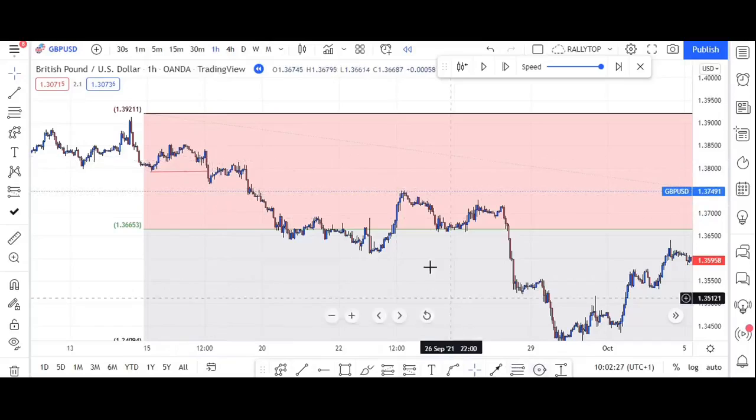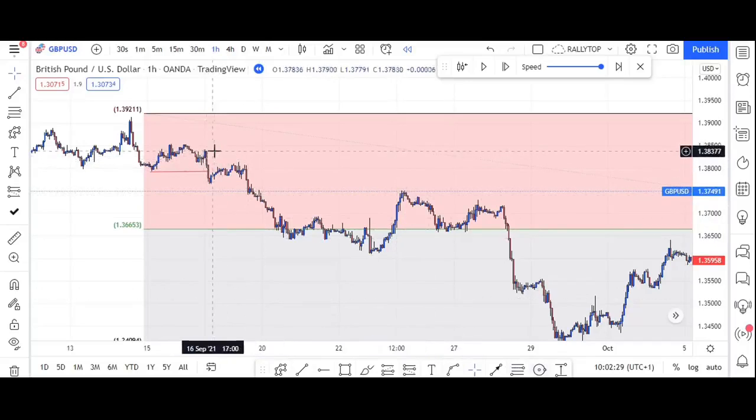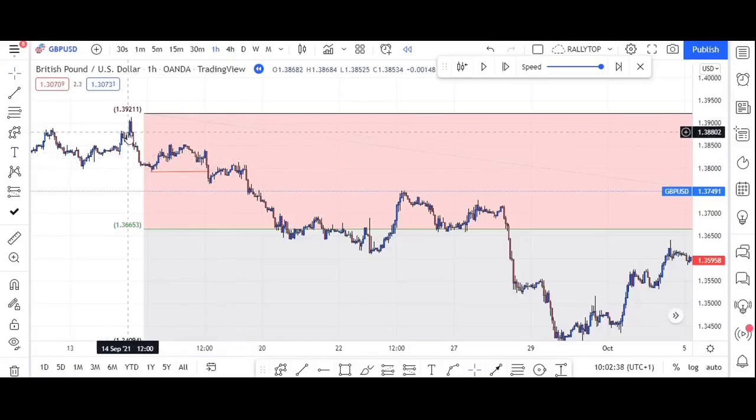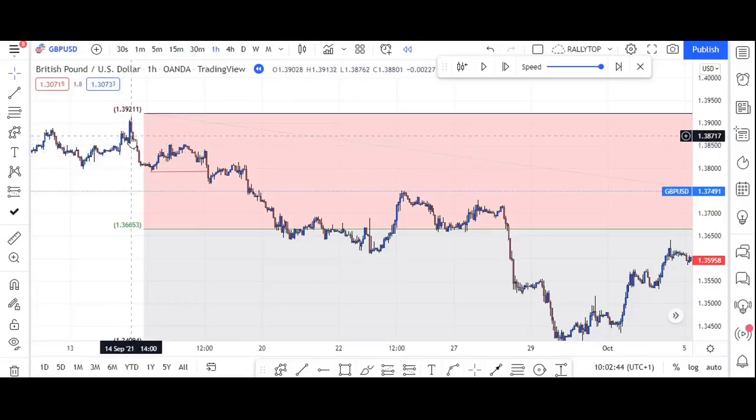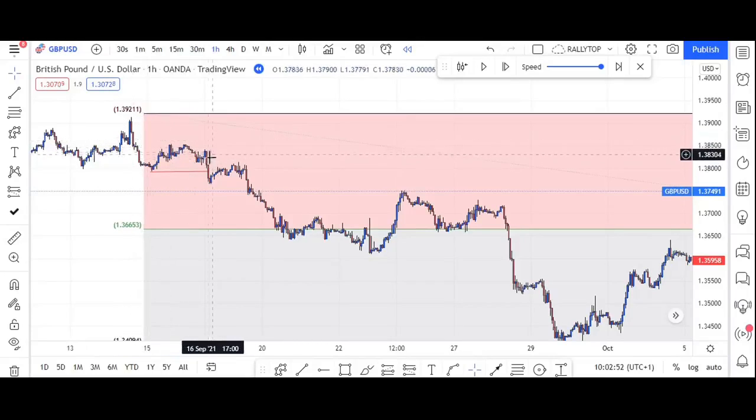It didn't mitigate this order block here. Remember that this is an unmitigated order block, so you should expect price to come back to this level. This other OB here has been mitigated already with this high. This is the unmitigated OB.